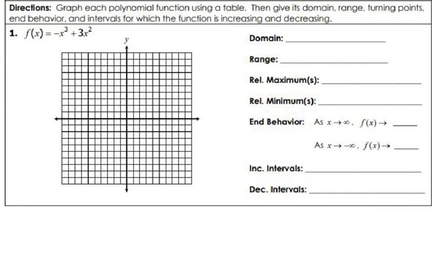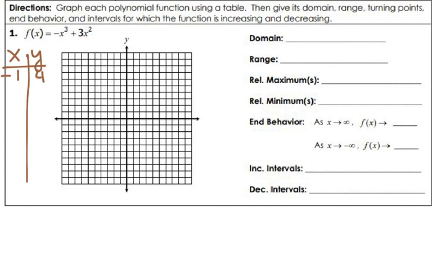Alright, so let's create a table of values so we have a few x values to graph, so our graph is not a sketch, it's actually a graphed function. So negative 1, 4. You can access your table by pressing second and graph.